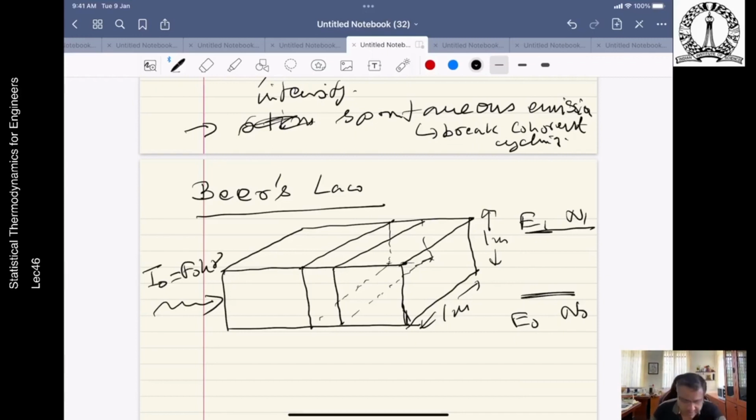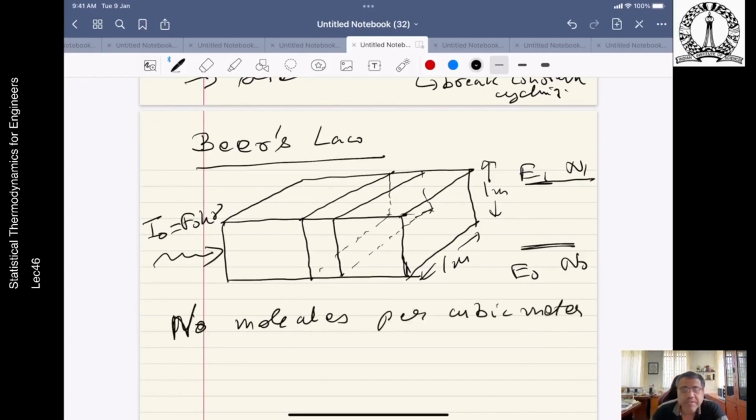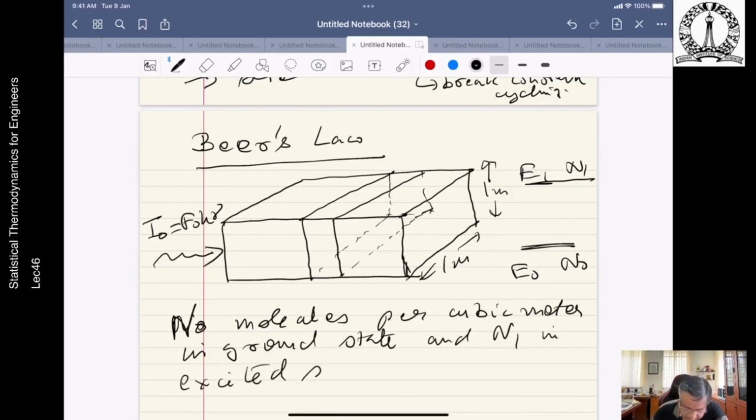This is a system where there are n0 molecules per cubic meter in the ground state, and n1 molecules in the excited state.